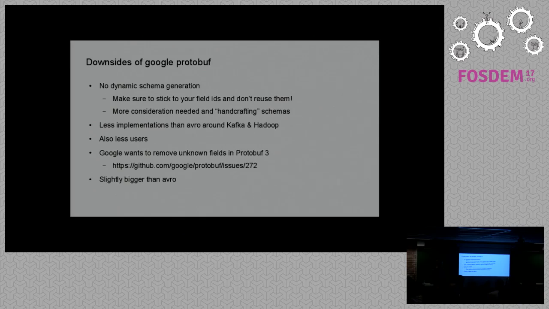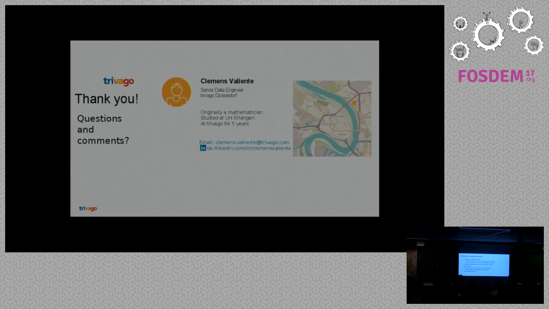There's a very long discussion now going on in the related issue on GitHub. And one more thing is that Protobuf messages usually are 1 or 2 bytes larger than Avro messages. Nowadays, I don't think that's a really big deal, but for some people that is an important factor.